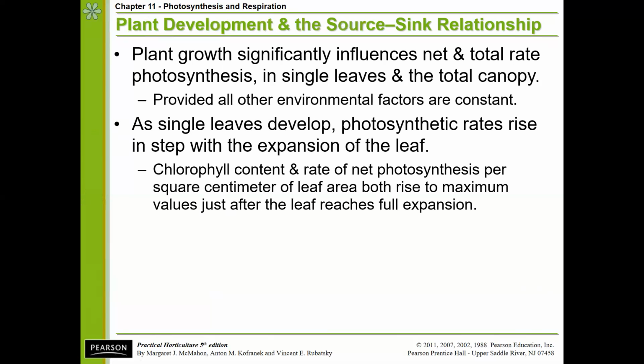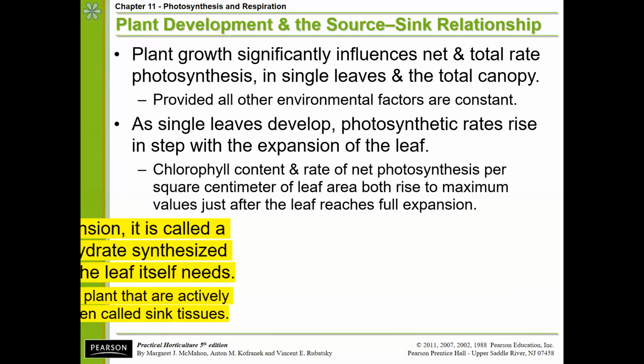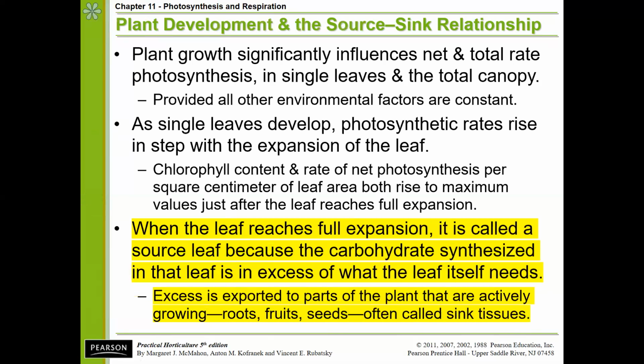As a single leaf develops, its photosynthetic rates rise with the expansion of the leaf. When it reaches its full expansion, it becomes a source leaf because the carbohydrate synthesized in that leaf is then in excess of what the leaf itself needs. So at that point, it becomes a source of sugars for other plant tissues.